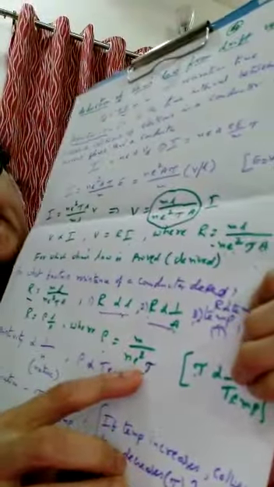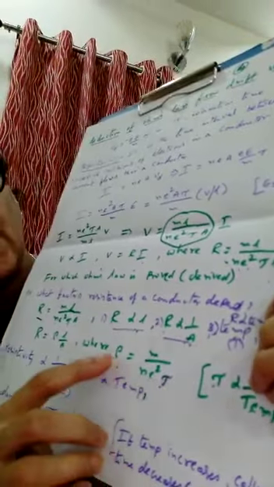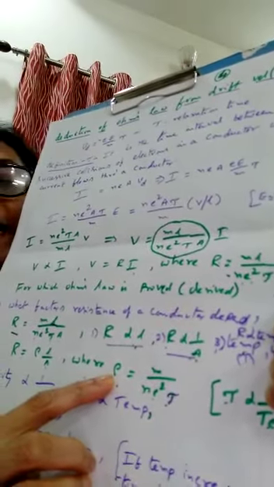The relaxation time: when we increase the temperature, the electrons acquire kinetic energy. They collide faster and faster. So the relaxation time will decrease. If the temperature increases, relaxation time decreases. So if the temperature increases, see this formula, the relaxation time decreases, so the value of resistivity will increase.